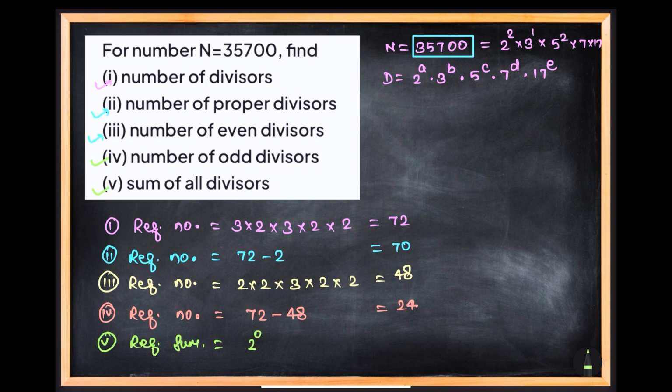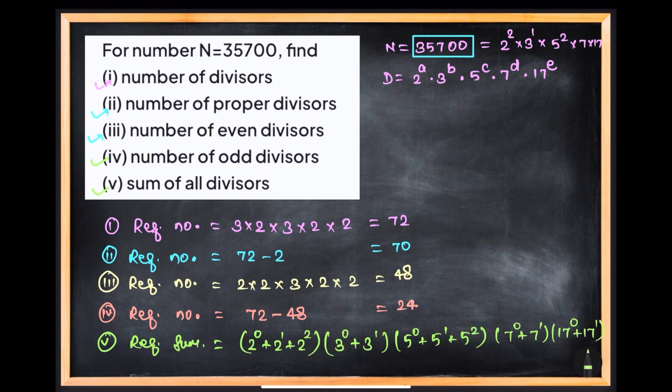So 2 can take power 0 plus power 1 plus power 2, multiplied with 3 power 0 plus 3 power 1, multiplied with 5 power 0, 5 power 1, 5 power 2, multiplied with 7 power 0, 7 power 1, multiplied with 17 power 0, 17 power 1. If you do the product of this, that will give you the sum of all divisors. I hope till this part you are comfortable.